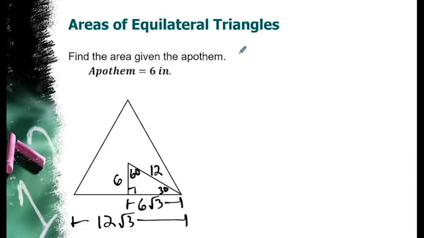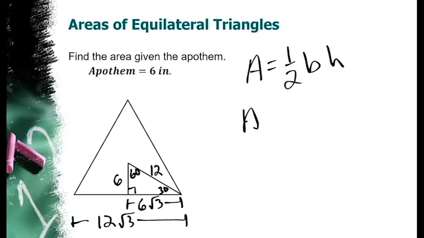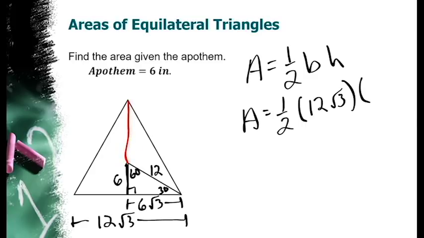So we have our base. Looking at our formula, area is 1/2 base times height. We have our 1/2. Our base is now 12 root 3. We just need our height. So our height is made up of the 6, which is the apothem, and then we have our radius. Well, we have a radius down here that's 12.